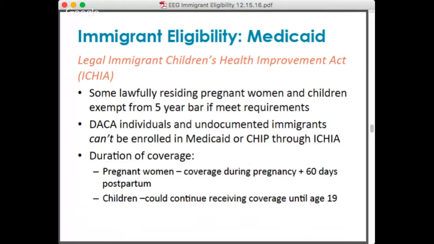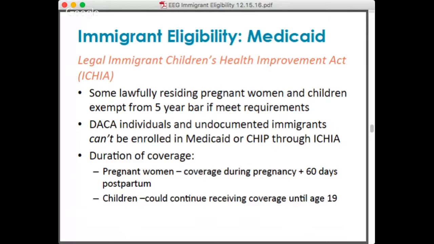What this exception really means in practice is that pregnant women and children get coverage without waiting 5 years after their arrival. So pregnant women can get coverage specifically during their pregnancy and 60 days postpartum. So they get the pregnancy-related coverage.